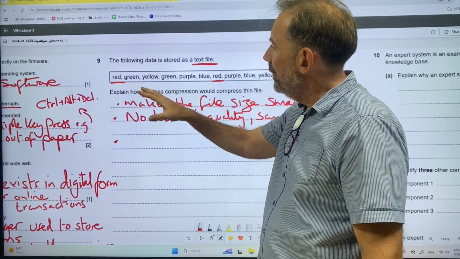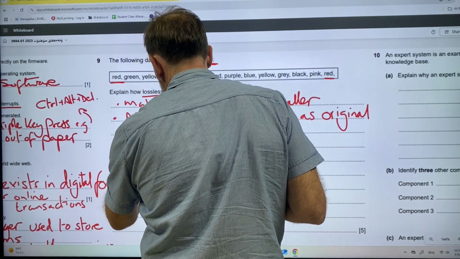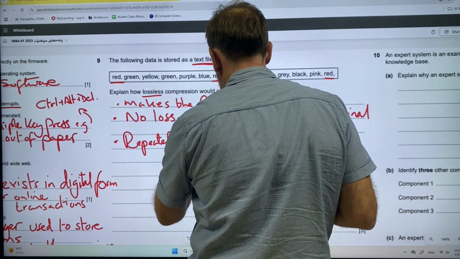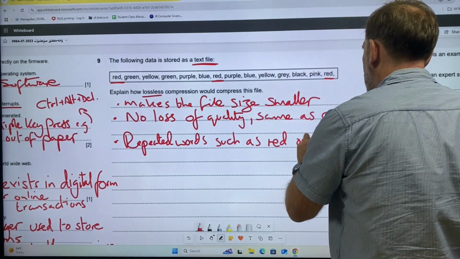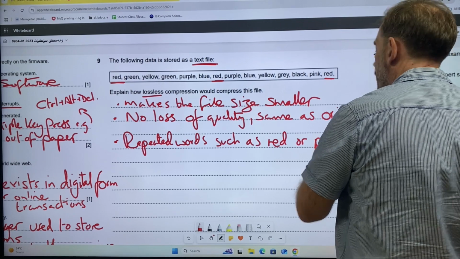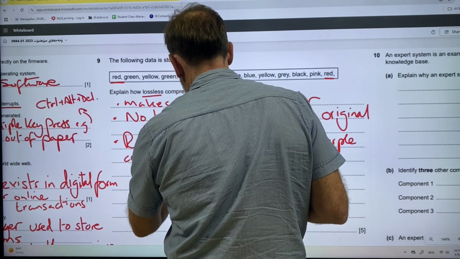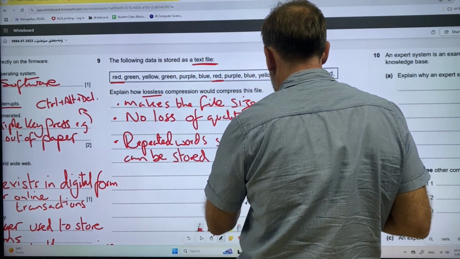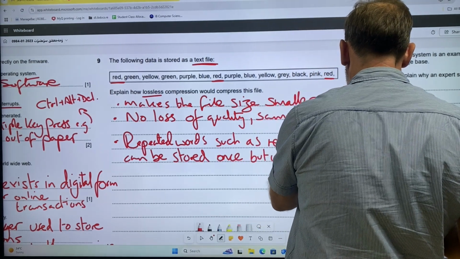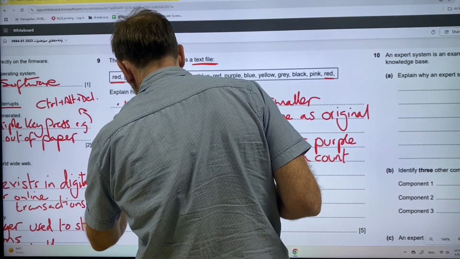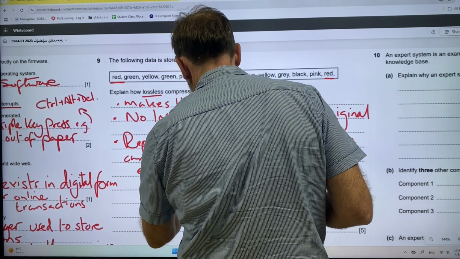Well, how can we do this? Repeated words such as red or purple can be stored once, but with a count, e.g. 3 times red.